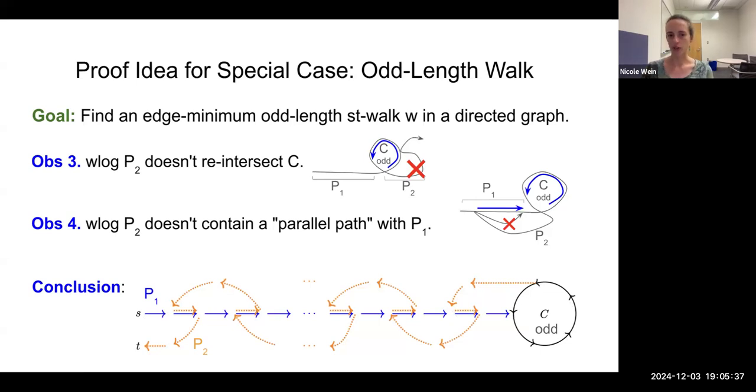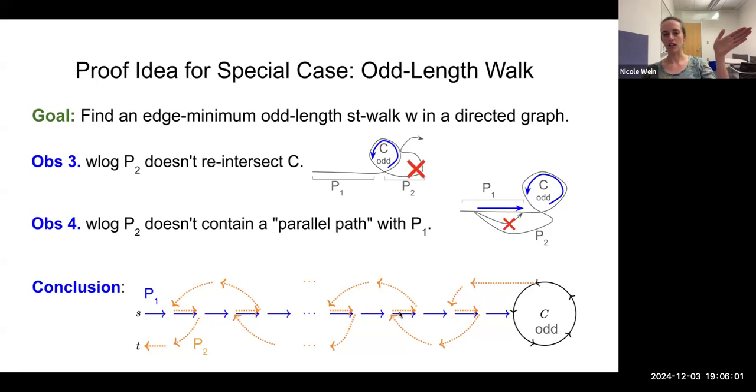Because of observation 4, you can't have any of those parallel paths. And so the only way that P2 could intersect with P1 is that it hits P1 at some point, both P1 and P2 take some common subpath, and then P2 jumps backwards along the path to hit another point in P1.